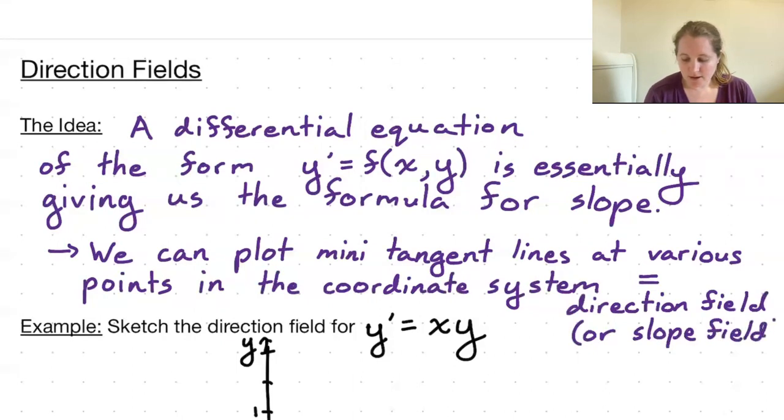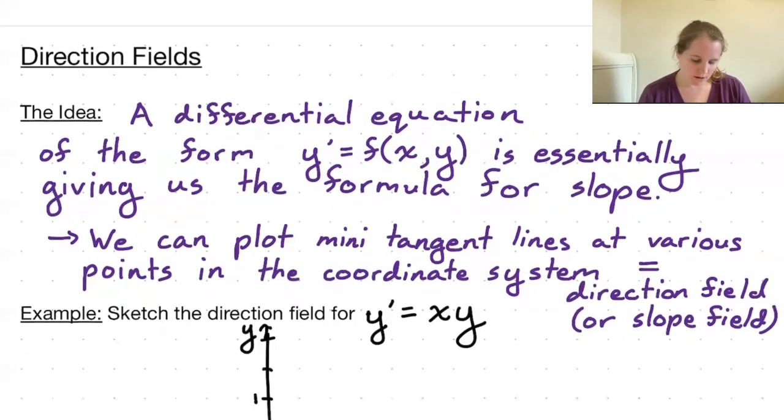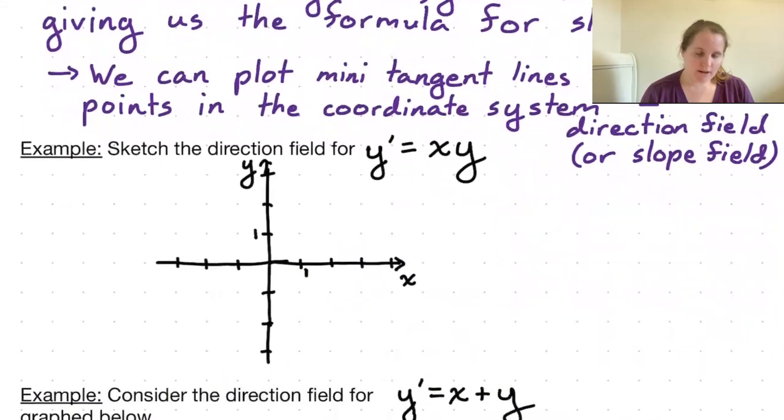So we're going to plot one by hand here. Primarily, we'll be using technology, so we don't have to calculate slope at a whole bunch of different points. But we're just going to plot a little bit of the direction field for y prime equals xy.